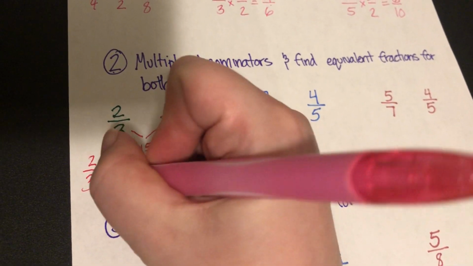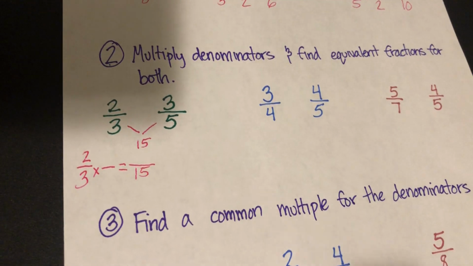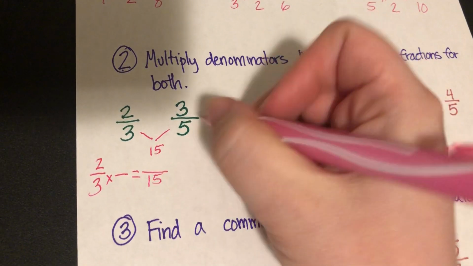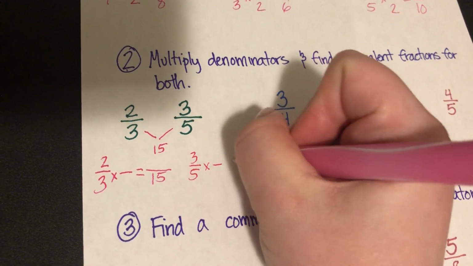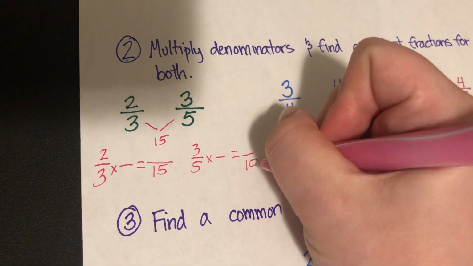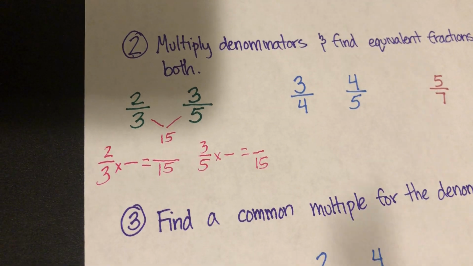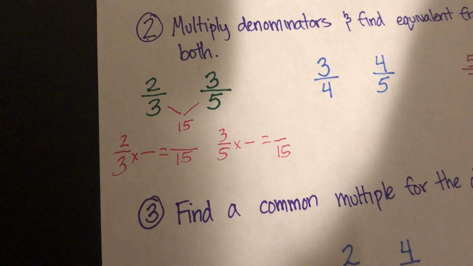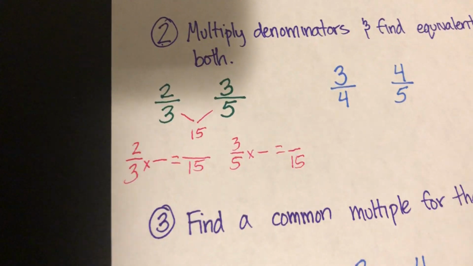2/3 times something is going to give me a fraction with a 15 on the bottom. I'm going to do the same thing for 3/5. 3/5 times something is going to give me a fraction with 15 on the bottom. Okay? So I'm going to start with 2/3. Let me do a different pen here too so it looks a bit more colorful.